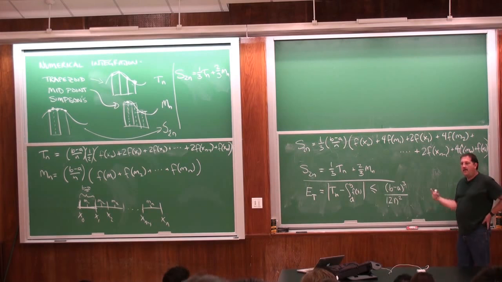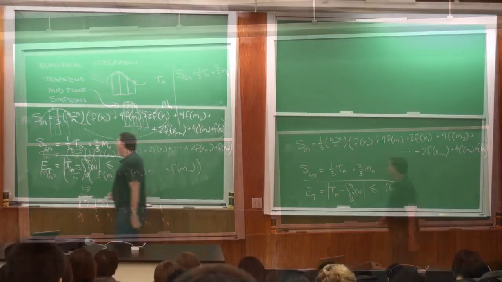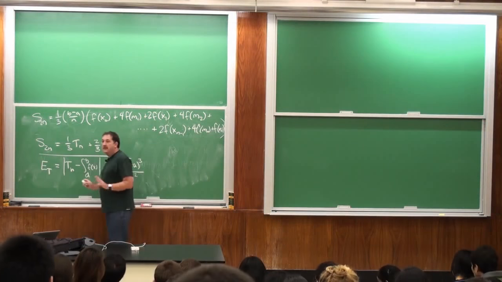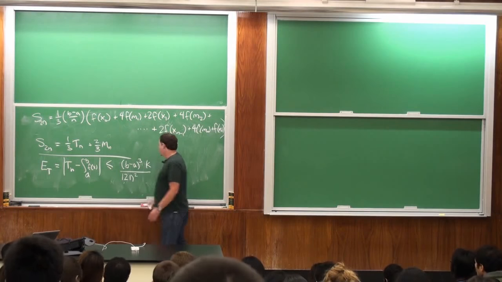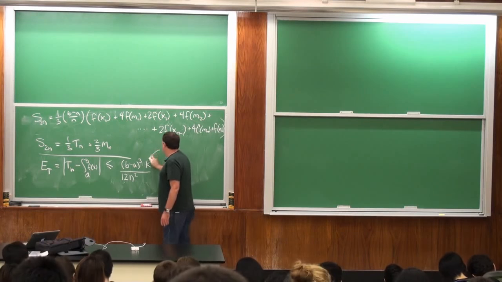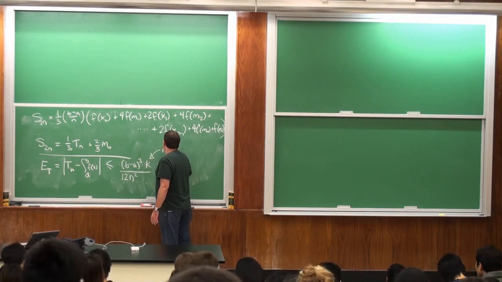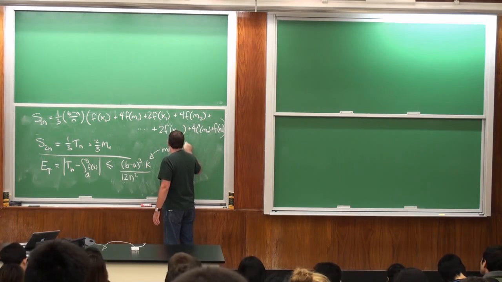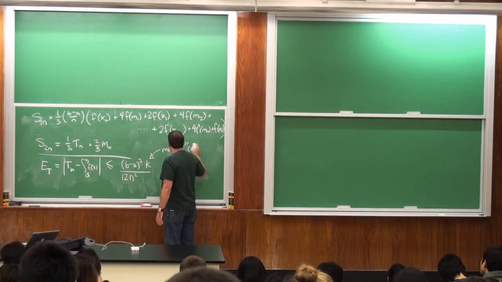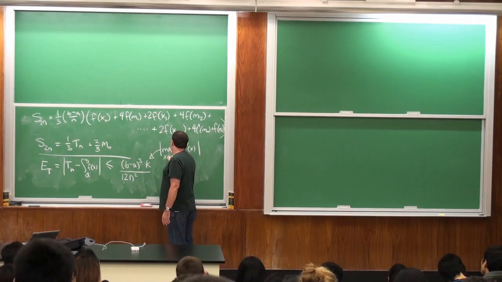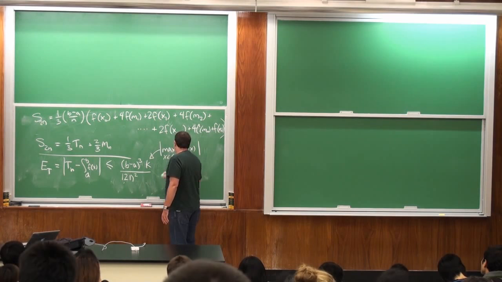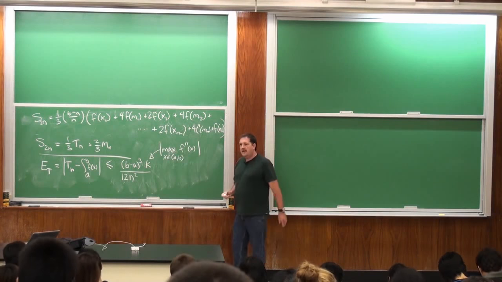That's how far off the trapezoid is. It could be exact, but it's never more than that, and there's a constant. This constant is the maximum of the second derivative over the interval.